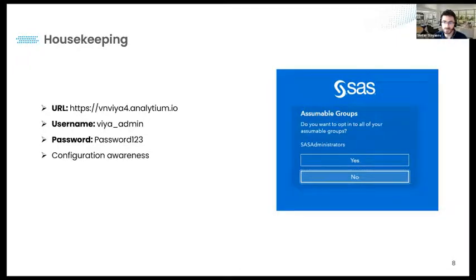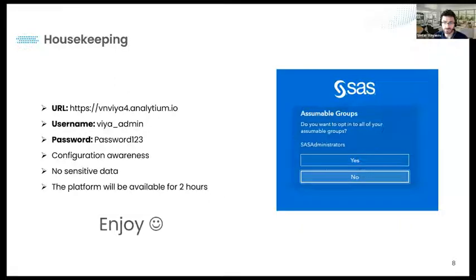So please be careful not to change any configurations that will cause performance issues for the rest of the users. You can also upload your own data, but please do not upload any sensitive data. The platform will be available for 2 hours, so whenever you feel ready to explore it within this time window, please log in and enjoy.